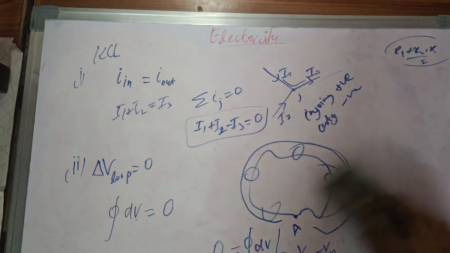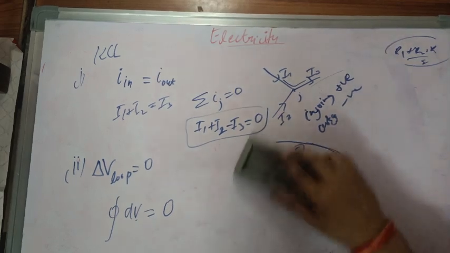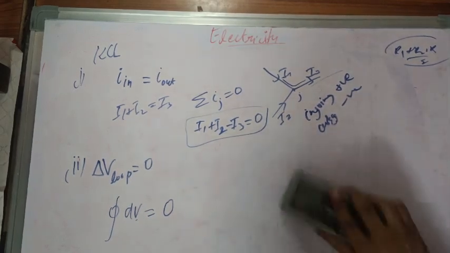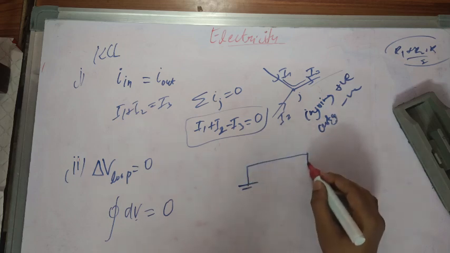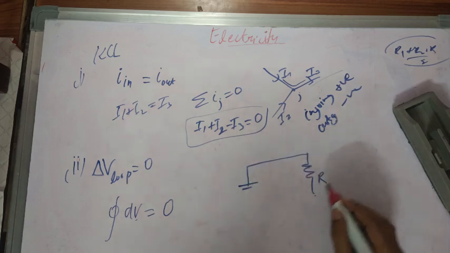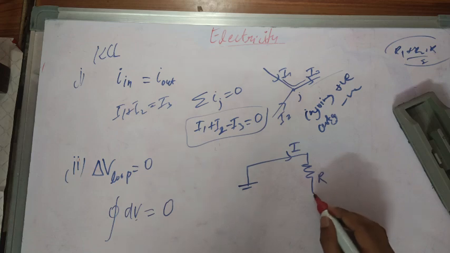And how to apply this? In the case of a simple circuit, for example, there is a battery, there is some resistance R, and current I flows.